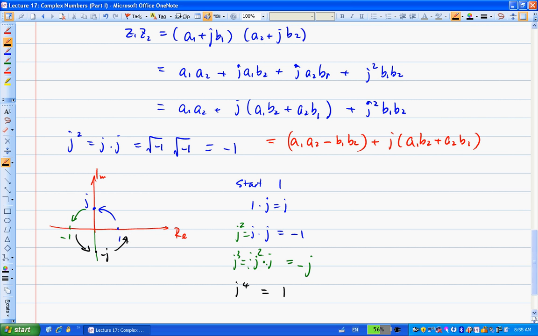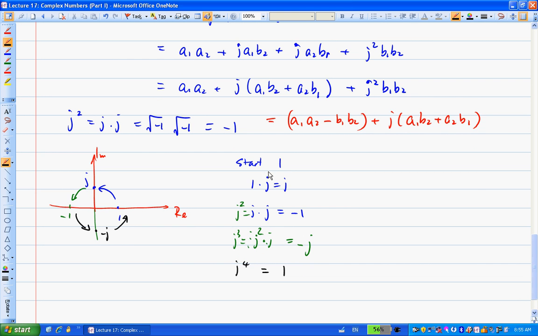So this tells us an interesting fact about this j. It's like a rotating operator. When you multiply j with anything, that thing will rotate how much? 90 degrees.